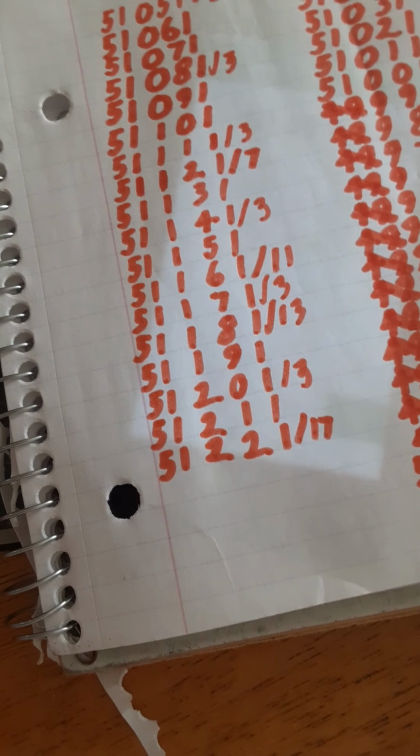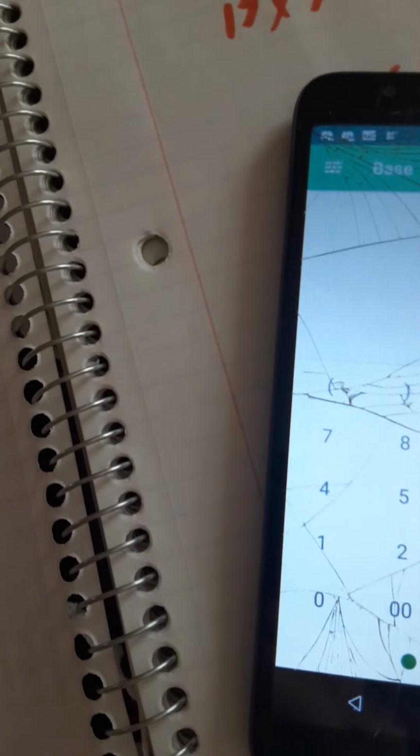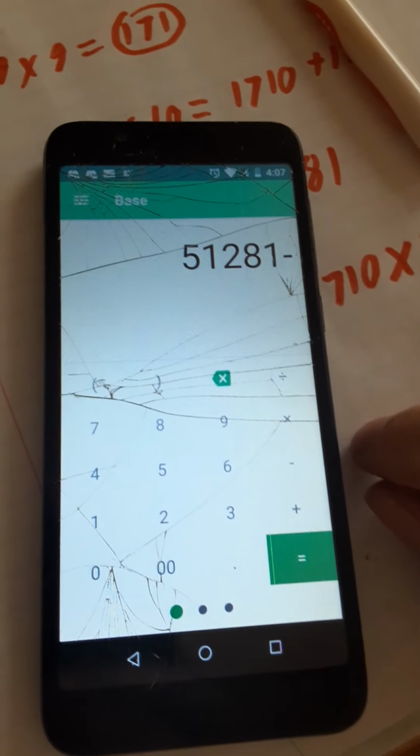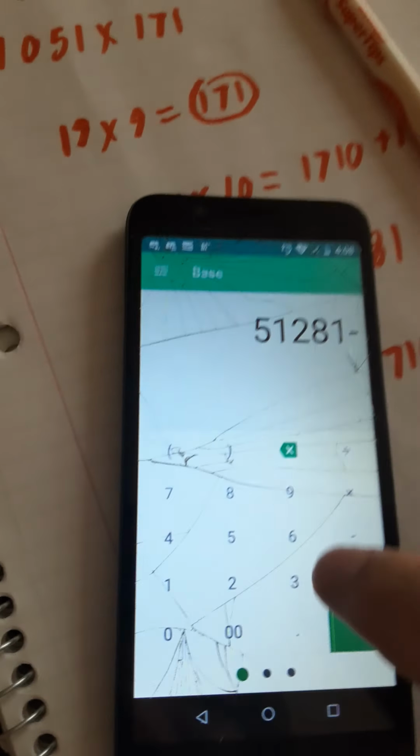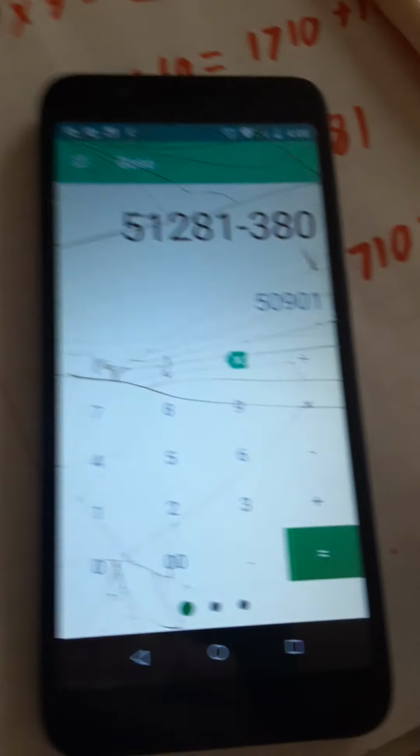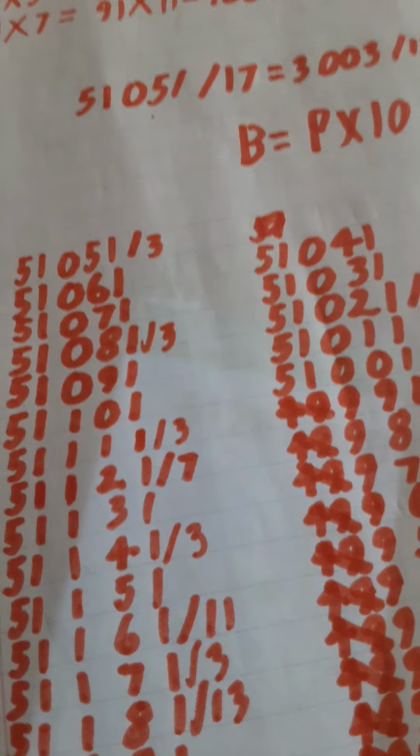So that's 60 past there. Minus 380 is 5901.